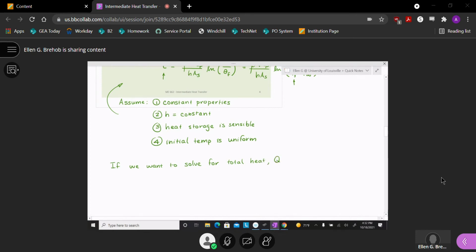Okay. If we wanted to solve for total heat, say I had this wall initially at some temperature and I suddenly have heat being pulled out or heat added, I could go either direction. And so now it's not a rate. I want to say over 5 minutes, what's the total amount of heat I remove from that wall? So I'd like you thinking it would have units like joules or kilojoules.